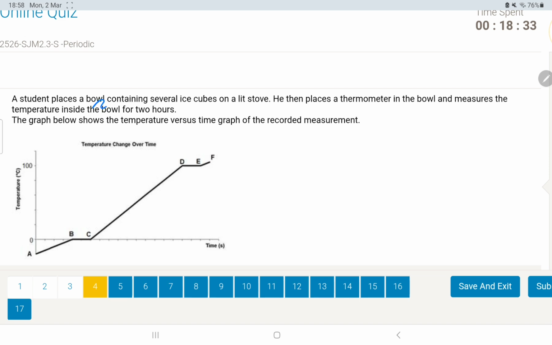A student places a bowl containing several ice cubes. Before, we need to know the substance. When something is ice, it's basically frozen water. Oh, here. Frozen water. Okay?